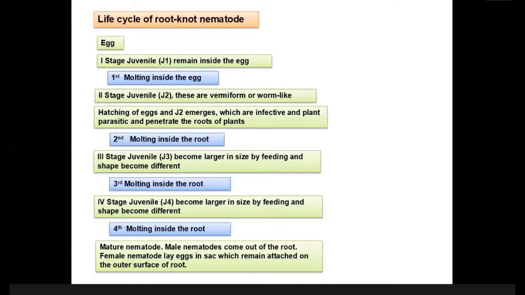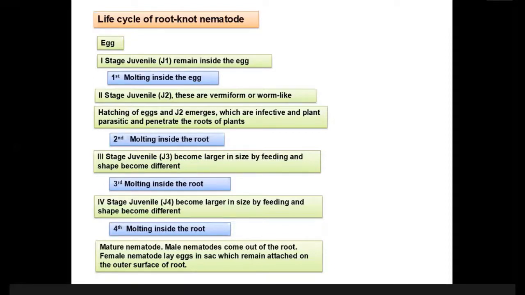There are several stages of nematode. For example, first stage juvenile, second stage juvenile, third stage juvenile, fourth stage juvenile, or then adult nematode. So among these stages, which one is the infective? Which one attacks the plant?